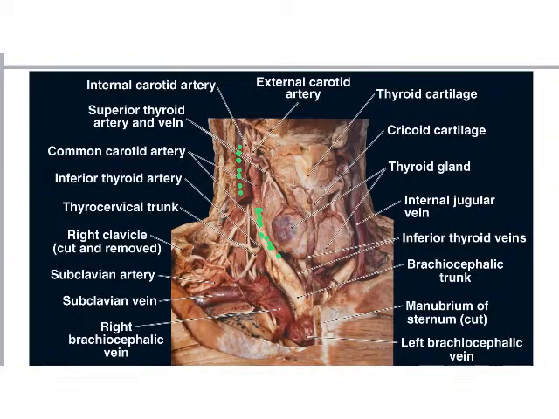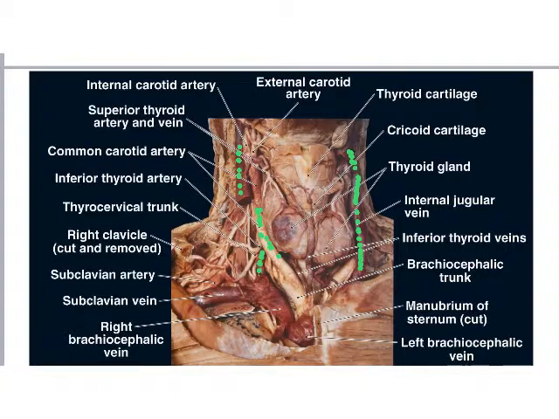Deeper to that is going to be the internal jugular, and we can't really see all of it, but you can see on this side, it's been cut away. On this side you can see it going all the way up, and then it's going to go kind of deeper inside. So the internal jugular is a little bit of a deeper structure, but sometimes we can still find it using ultrasound, and we'll put a central line in there.